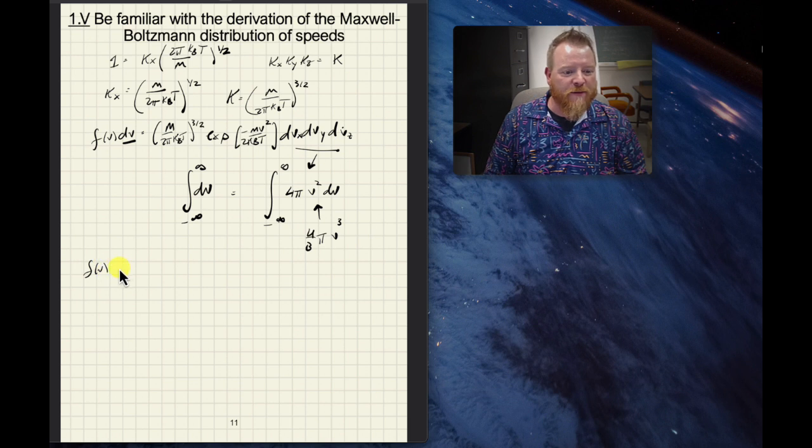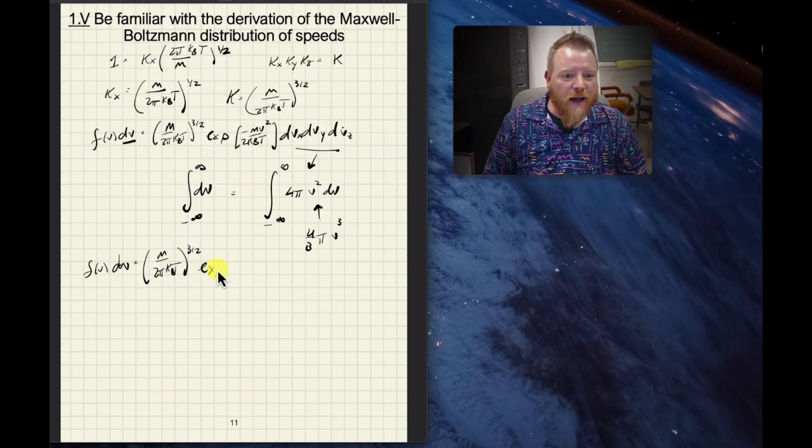So that becomes f of v dv equals this constant m over 2 pi kbt to the 3 halves power times exponential of negative mv squared over 2 kbt.